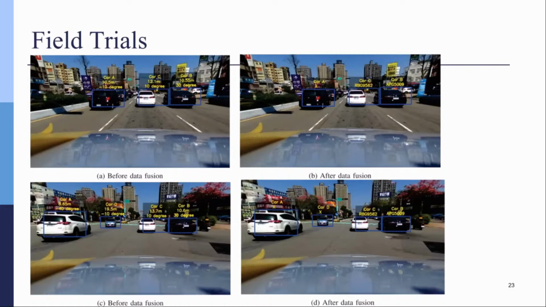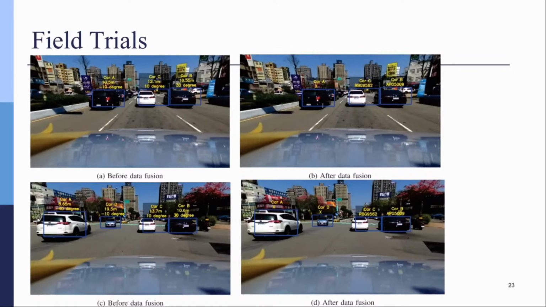Here are some details of our field trial. As shown in Figure A, before using our data fusion algorithm, with Camera AI, we can only identify vehicles, track vehicles, and get camera measured distance and orientation.